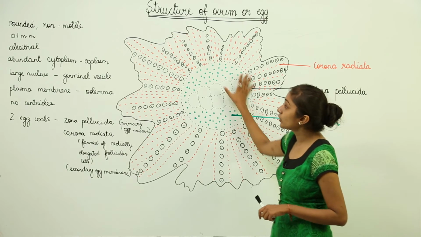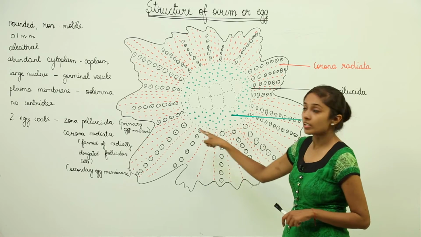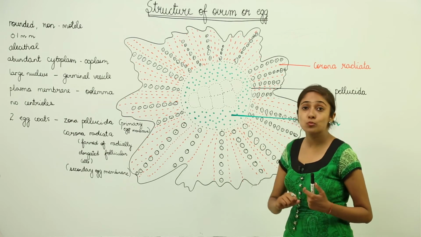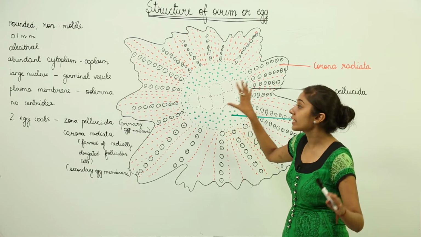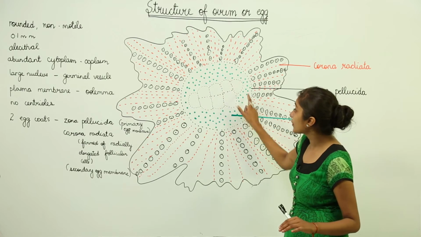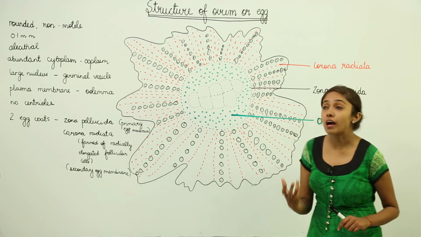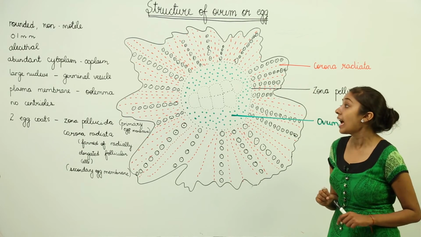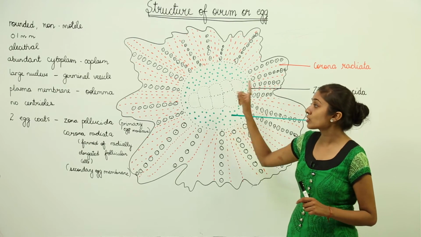So inside, this ovum is going to be round, non-motile, it cannot move, and about the size of 0.1 mm. It is free of yolk, means it does not have any yolk, so it is alecithal. It has abundant cytoplasm, as you can see, and this cytoplasm is known as ooplasm, and it has a very large nucleus which we call as germinal vesicle, and it has nucleolus also, and the membrane is known as oolemma.